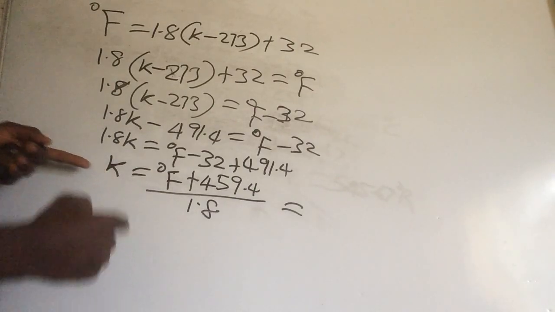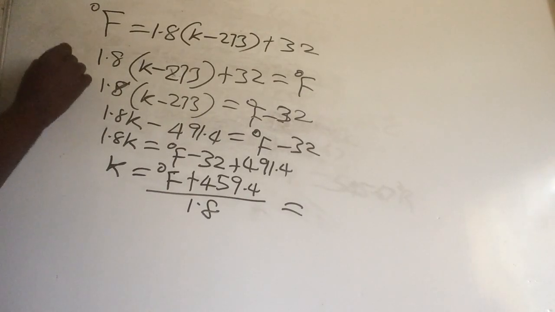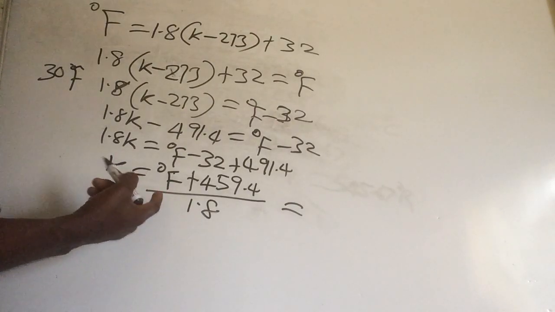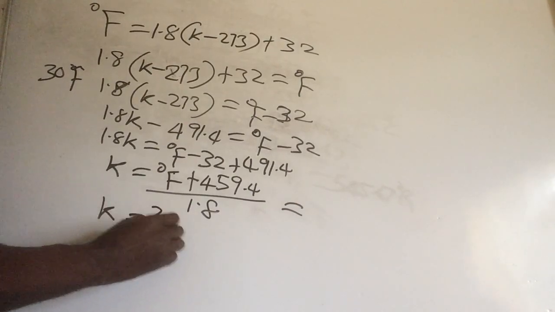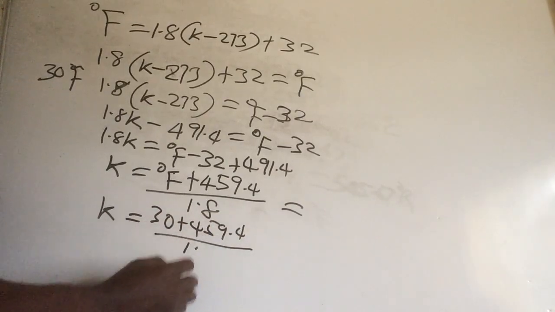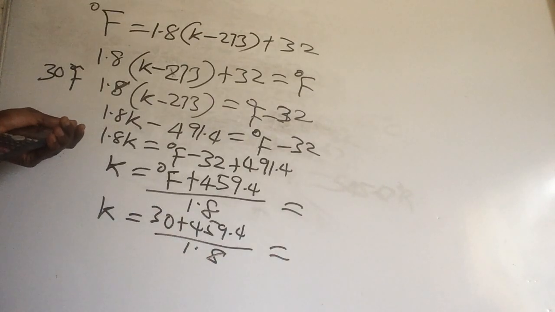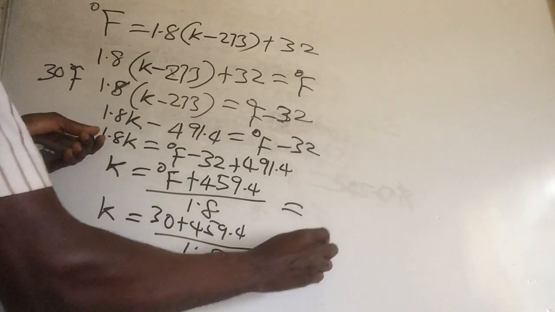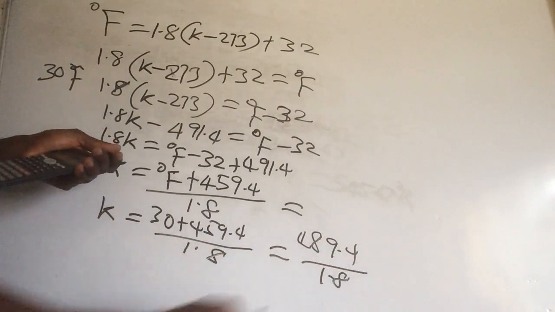So now if you want to convert Fahrenheit to Kelvin, maybe you have a value of 30 degrees Fahrenheit, you use this formula. Now you will have Kelvin equals 30 plus 459.4 all over 1.8. When you add 30 to that number, you now have 489.4 all over 1.8.